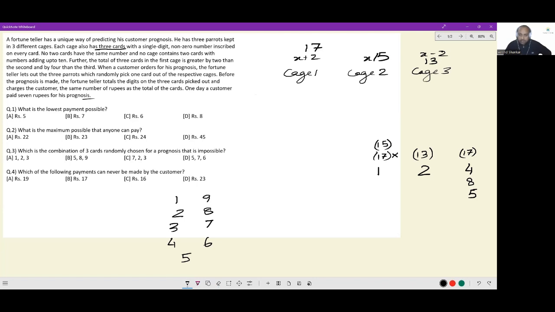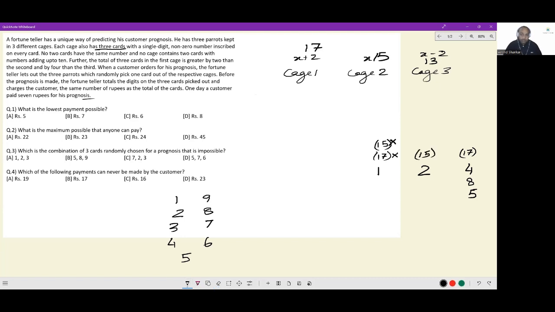How about 7 and 6? Sorry, and that's it. I can't make 15 at all. 9 and 5 I can't use because 9 cannot come with 1. 8 and 6 I cannot use because 8 is already used up in the grouping for 17. And there is no other way in which I can make it. So 15 can't come here either. Then I try to make 15 in the group that contains 2.